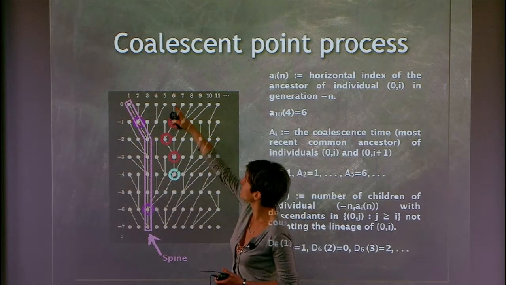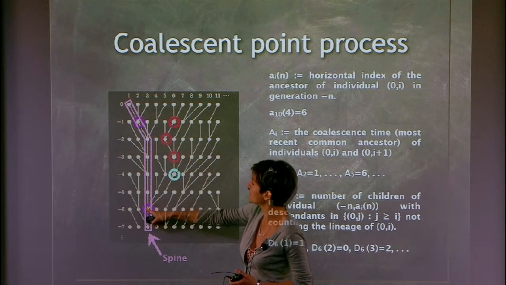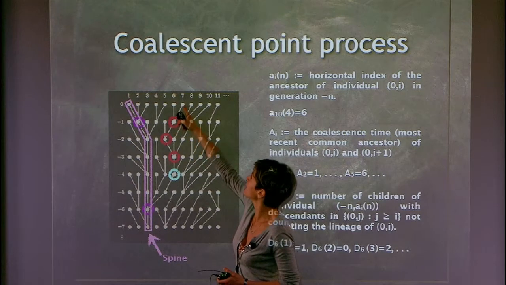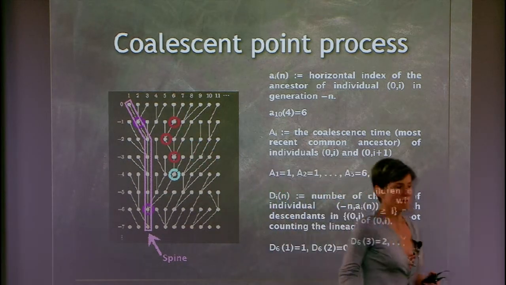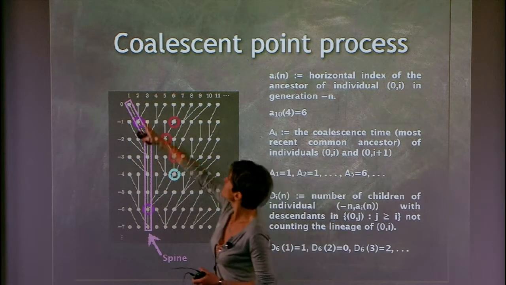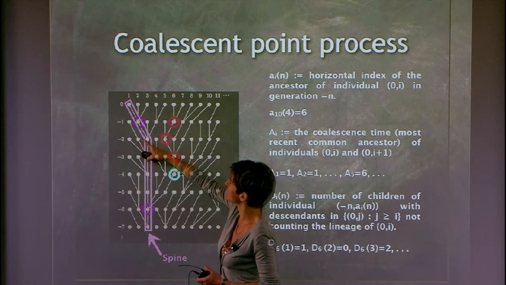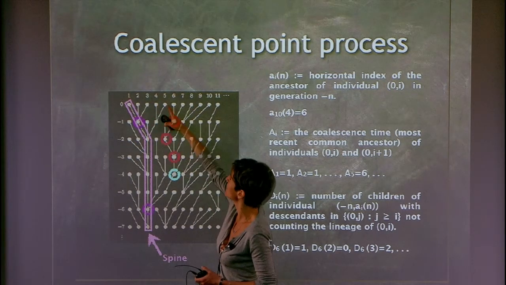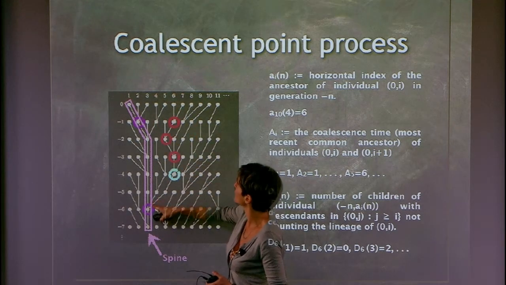If I have individual 6, then its coalescent time with the individual 1 is way down here, and then 7 is going to have a coalescent time next to 6. So in this way, this depth, then 3 has the same depth, then 4 has this depth with 3, 5 has a short depth with 4, 6 has a very deep depth with 5.